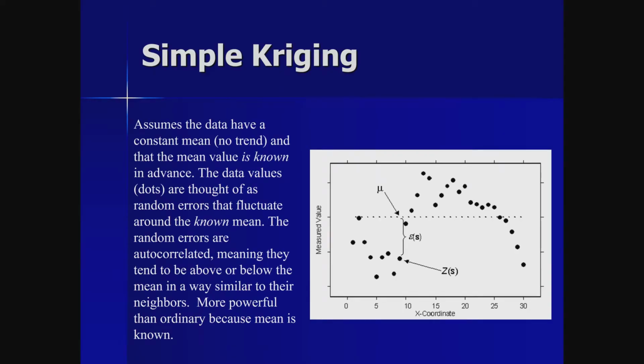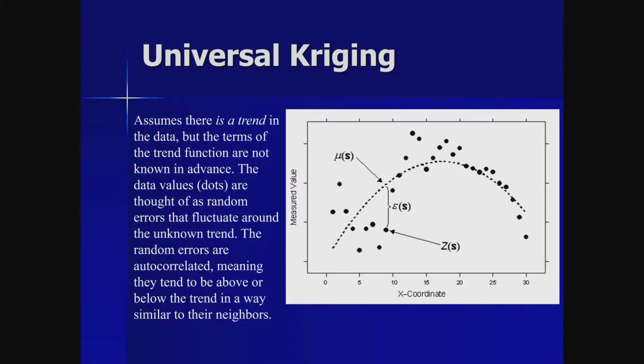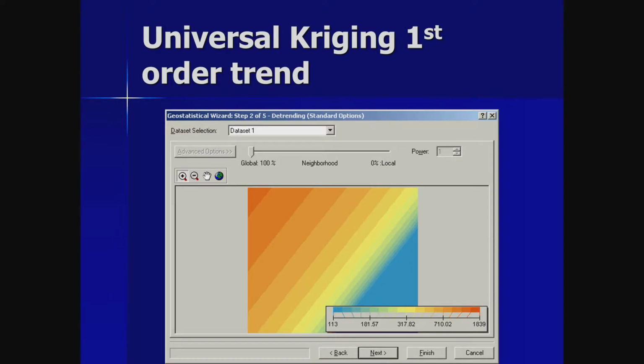Okay, so I messed up. I did talk about simple, right? I did not talk about universal. So universal, most of these are pretty much the same, except with universal, you're saying there's a trend in your data. And you have the ability to specify what that trend is. You know, it's slowly increasing. Is it increasing on one axis, two axes?